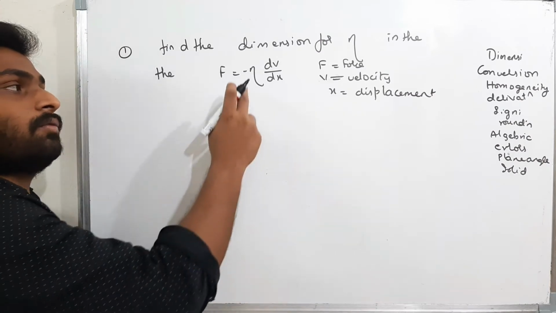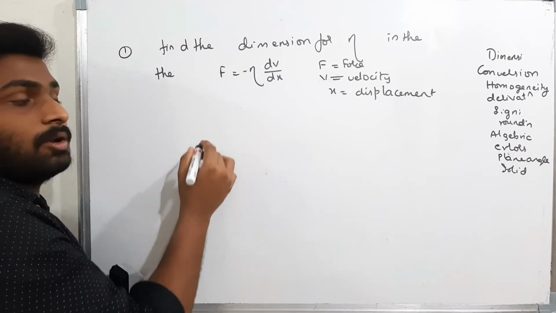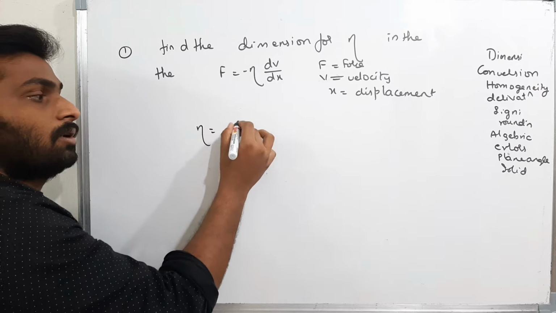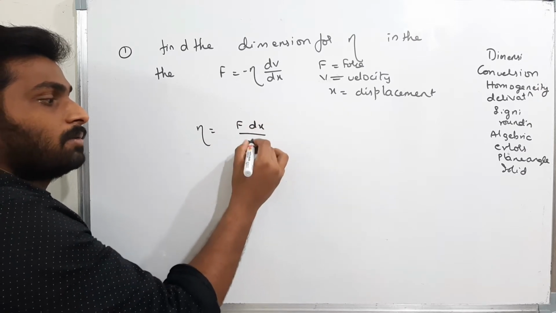Now what is eta? Eta is equal to F into dx by dv.